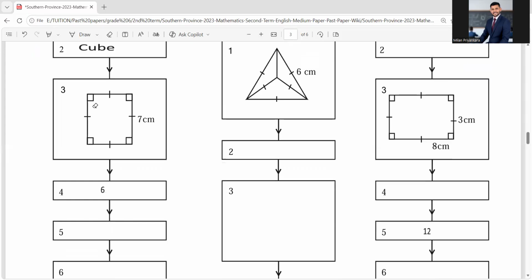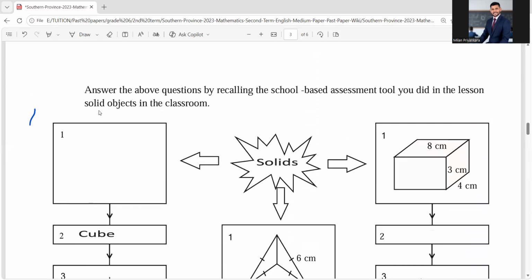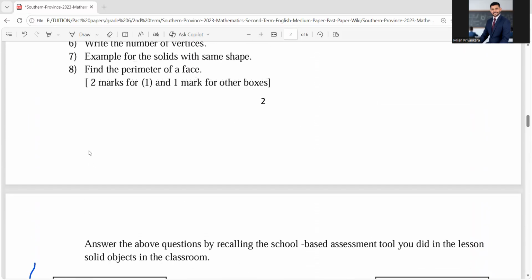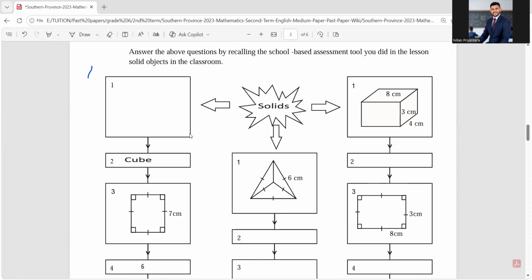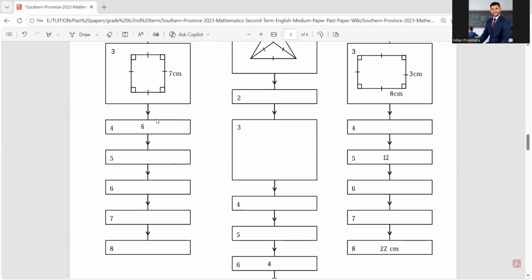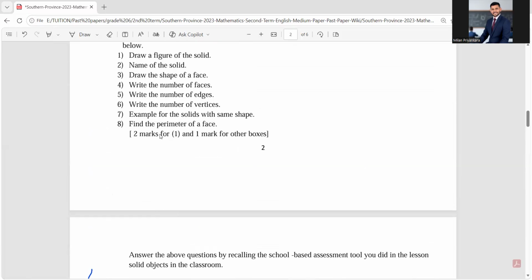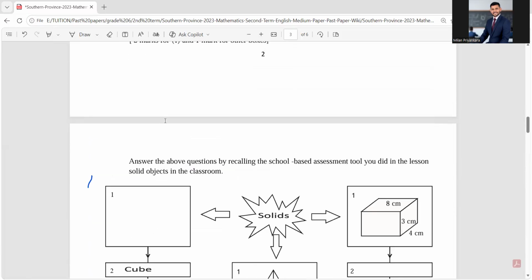Fourth, you have to write the number of faces in the 4th box. Faces: 6. In the 5th box, you have to write the number of edges.